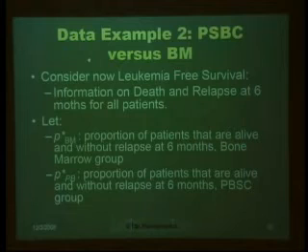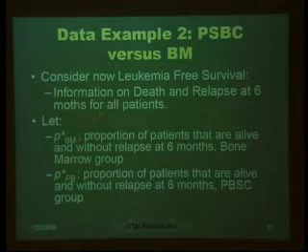Let's consider now the same data, but a different outcome. As I told you, when the patients receive a bone marrow transplant, they can die after a while, or sometimes they relapse. The disease comes back, and this is considered a treatment failure. So sometimes researchers are interested in the proportion of alive and disease-free patients.